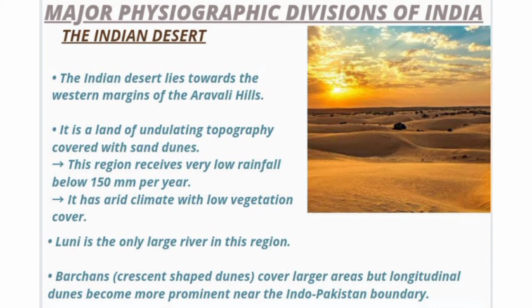It has an arid climate with low vegetation cover. Luni is the only large river in this region. Barchans, crescent-shaped dunes, cover larger areas, but longitudinal dunes become more prominent near the Indo-Pakistan boundary.